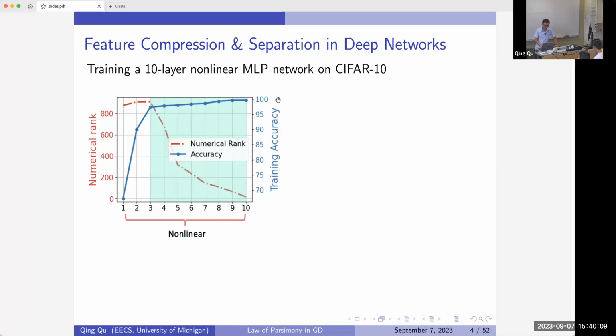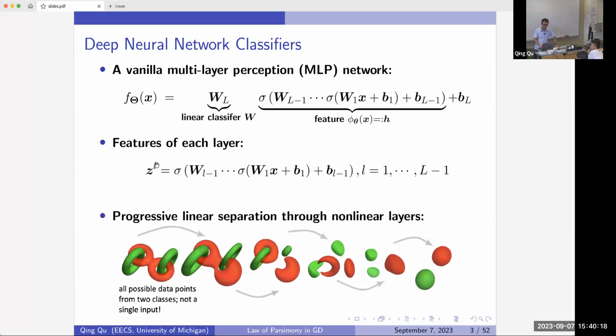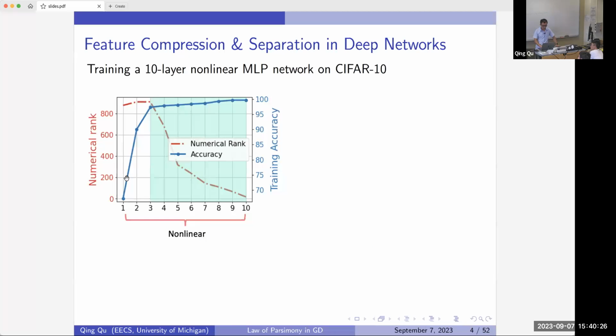The dashed line shows the numerical rank of the output features Z, where we concatenate the Z of each layer as a matrix and calculate the numerical rank. The blue line shows the classification accuracy of each layer.